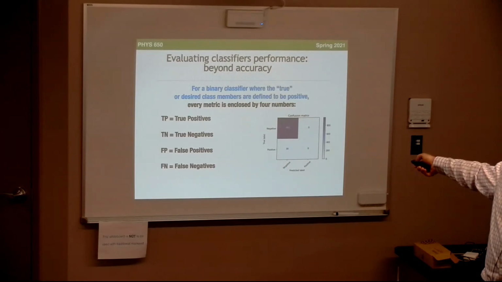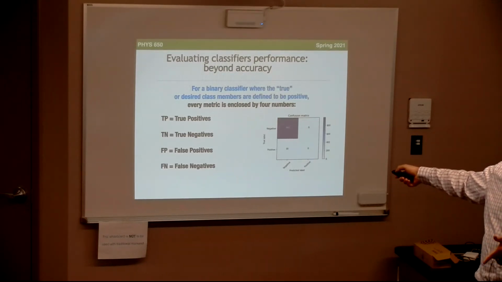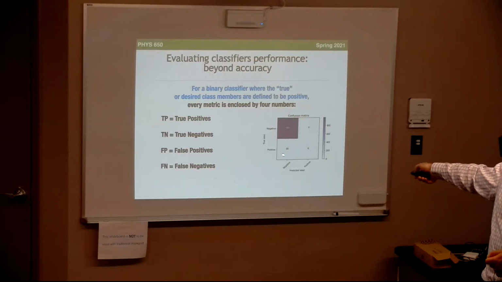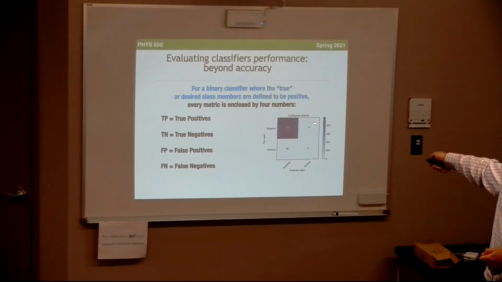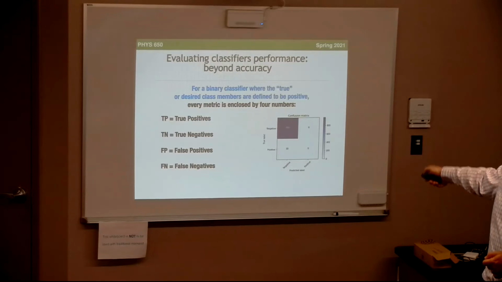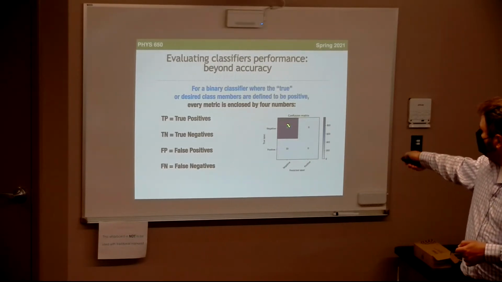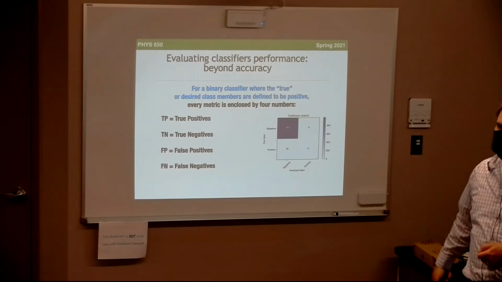That's the number of ones that I correctly call as negative. And over here is the ones that I correctly call as positive and that are in fact positive. And then there are ones that are positive but I incorrectly labeled as negative. And here's the ones that are negative that I incorrectly labeled as positives, right? So the confusion matrix: these are the ones that are correct and these are the ones that we kind of messed up.